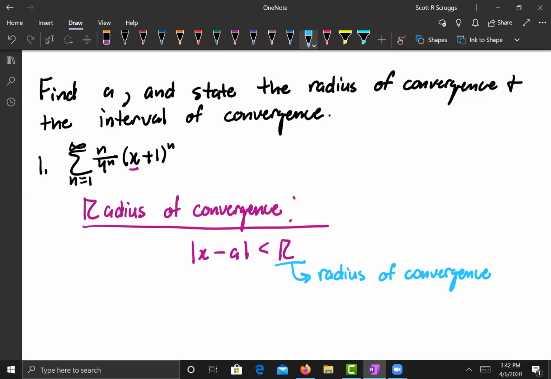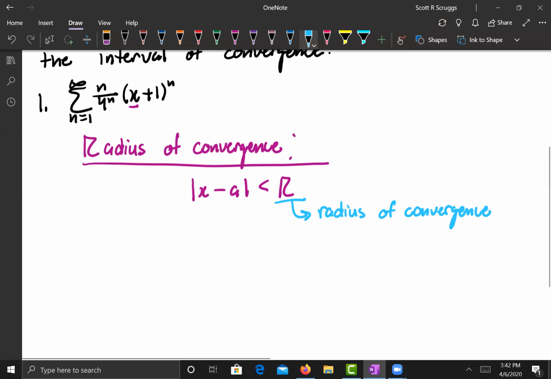And now to find the interval of convergence, you're going to base it off of this inequality, because since I have an absolute value of x minus a less than r, I can rewrite that as minus r less than x minus a less than positive r.